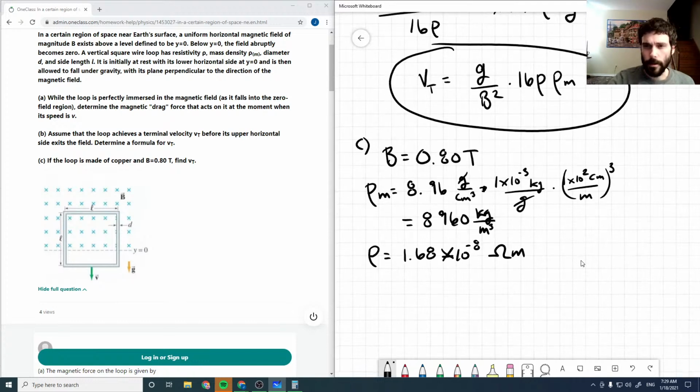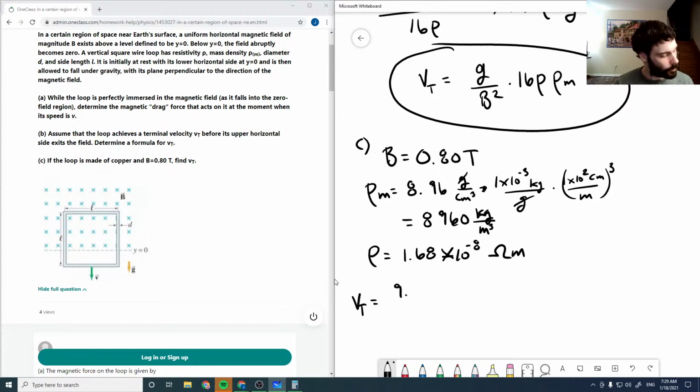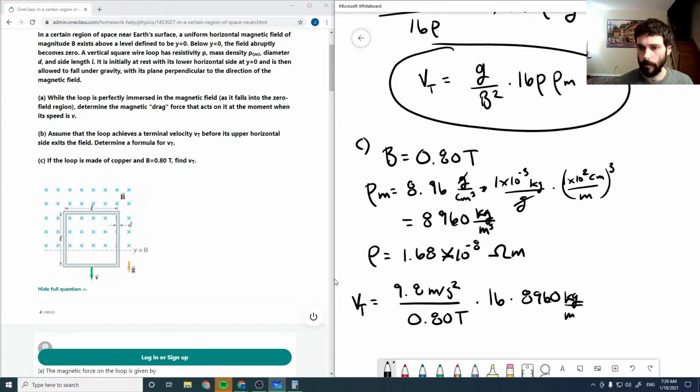And so then our terminal velocity is 9.8 meters per second squared over our B field, 0.80 Tesla, times 16 times our mass density, resistivity, 1.68 times 10 to the minus 8 ohm meters.